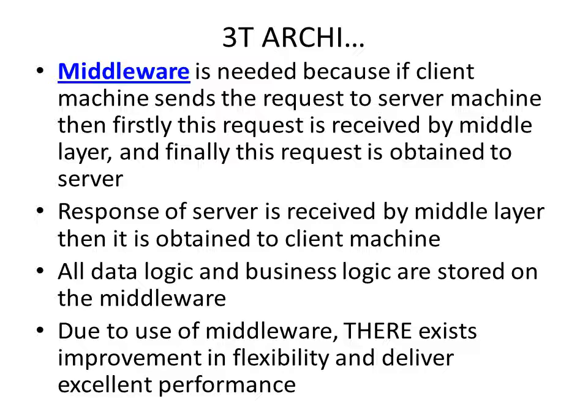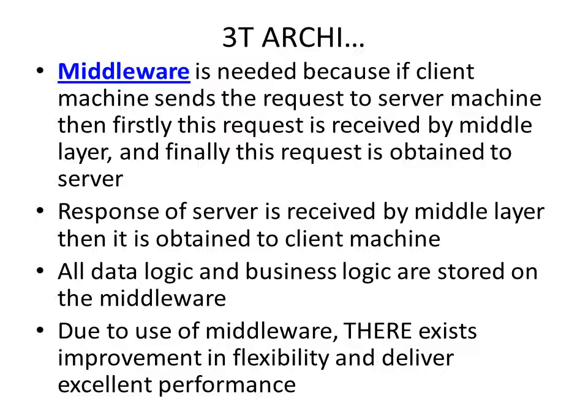In three-tier architecture, middleware is needed because if the client machine sends a request to the server machine, that request is first received by the middle layer and then passed on to the server. The response of the server is also received by the middle layer, then passed to the client machine.